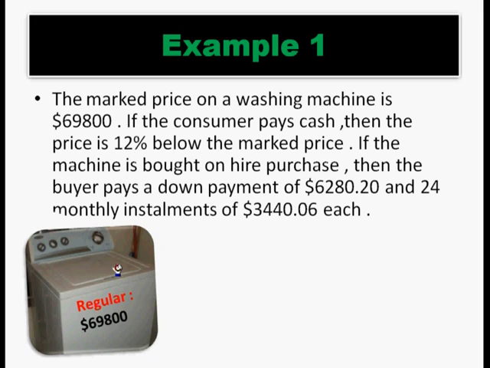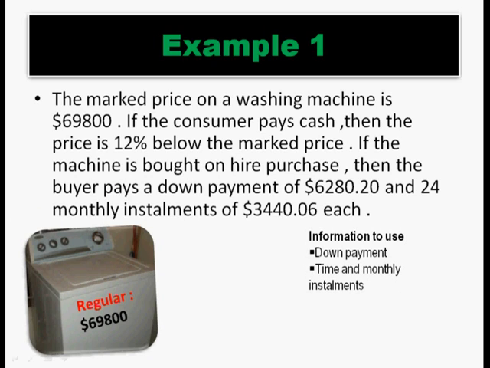So we're still in example number 1. Now this time, we're going to use the down payment, and we're going to use time and monthly installments. So remember what the down payment was? The down payment was $6,280.20. And the time is 24 monthly installments.